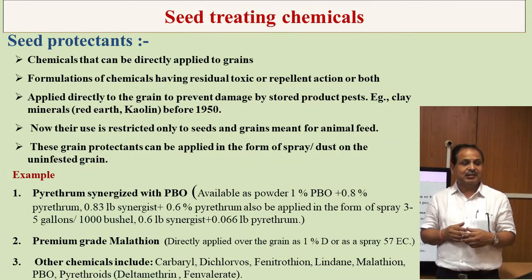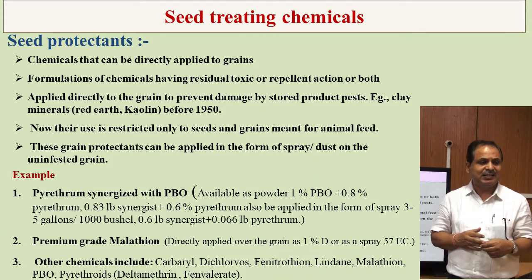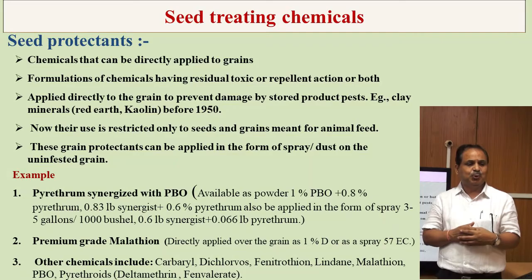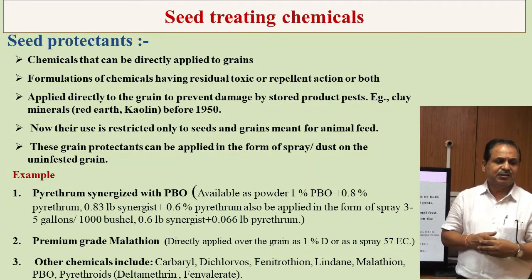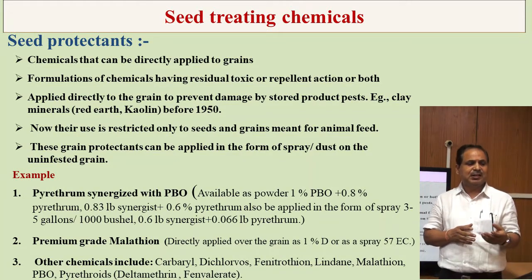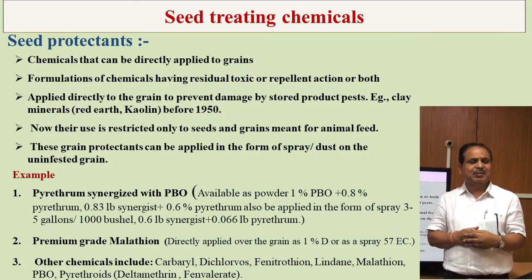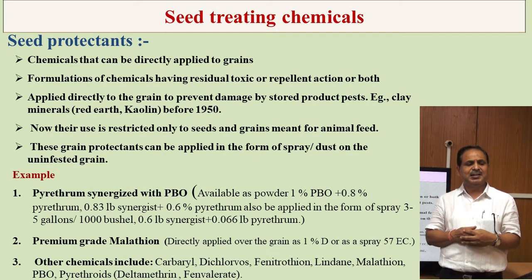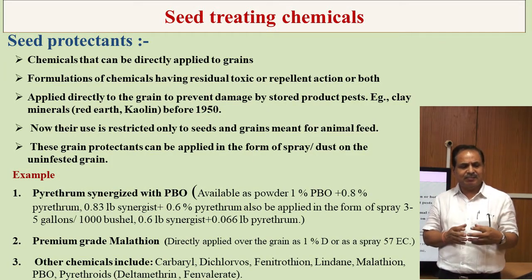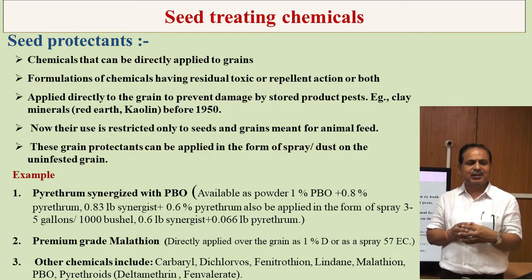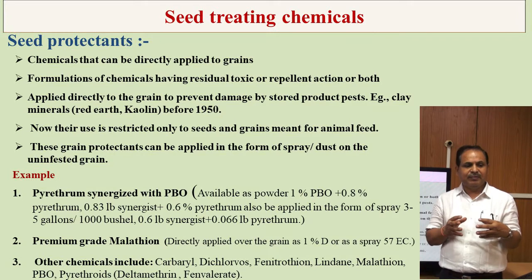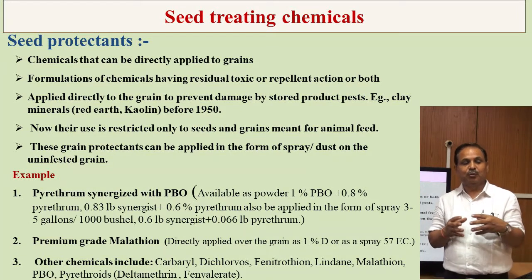Seed treating chemicals: there are different protectants and chemicals used for seed treatment, and the first one is the seed protectants. These chemicals can be directly applied to the grains, and sometimes the formulation of chemicals has residual toxic effects or repellent action, or both, over the seeds.